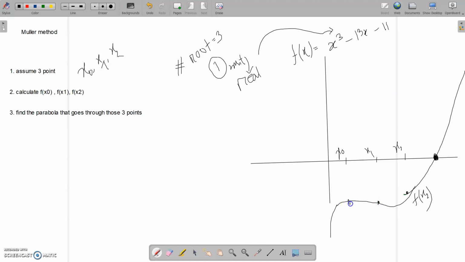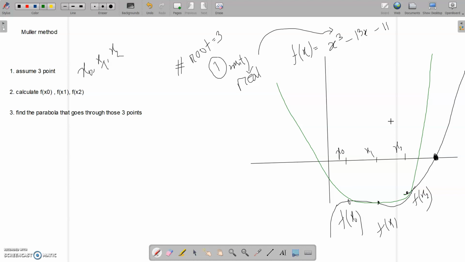This one is my f of x2, this is my f of x1, this is my f of x0. Now I want to fit the parabola like this, coming here and going this way.